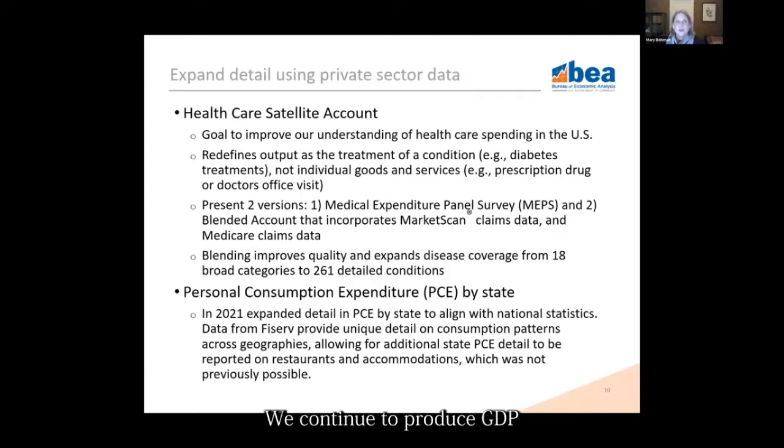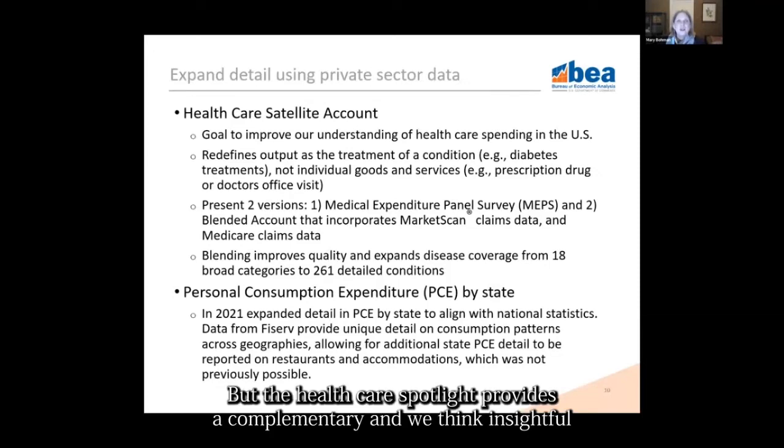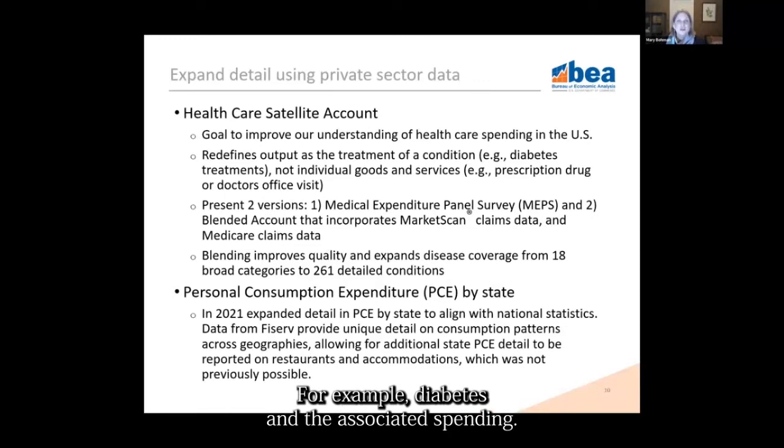We continue to produce GDP using traditional measures of individual goods and services, for example, prescription drugs or doctor's visits, but the healthcare satellite account provides a complementary and we think insightful measure with output defined as the treatment of a condition, for example, diabetes, and the associated spending.